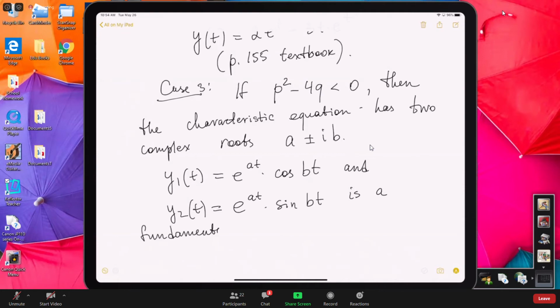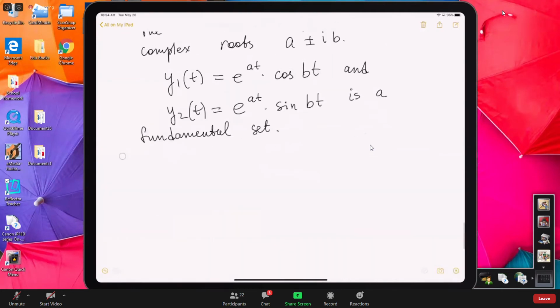And now we just need to write the general solution. So y of t equals c sub 1 e to the at times cosine of bt plus c sub 2 e to the at times sine of bt. So as usual, a linear combination of y sub 1 and y sub 2.